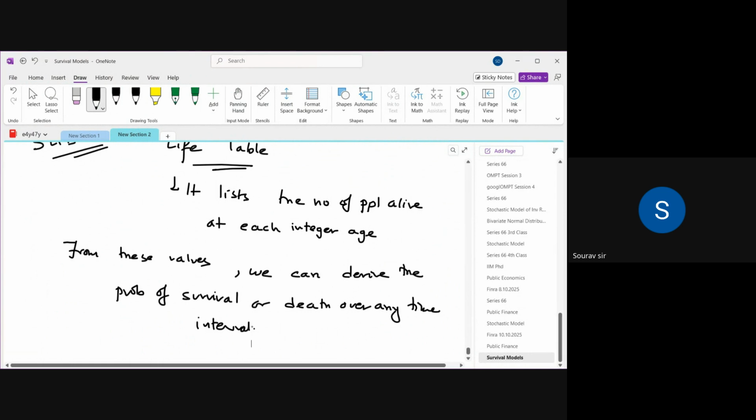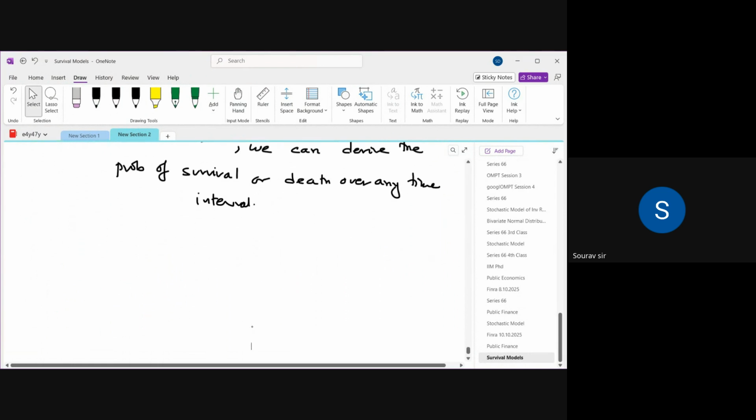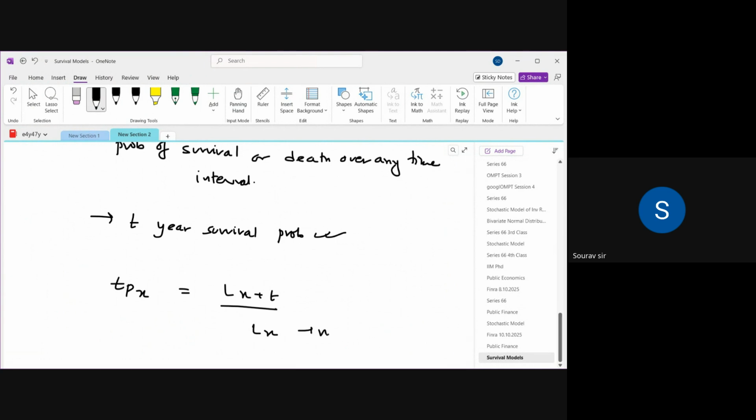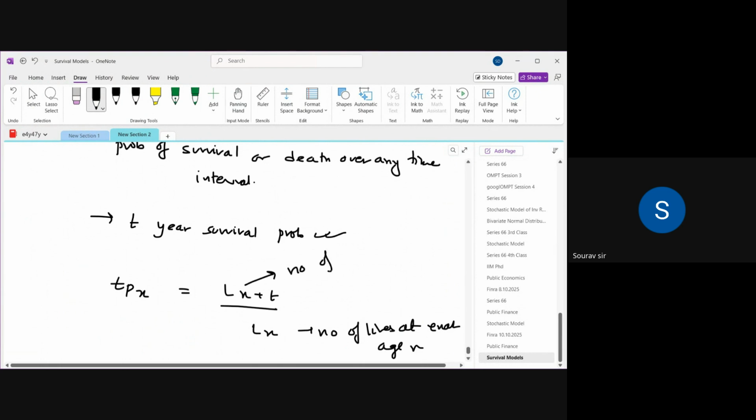So the t-year survival probability: tPx is equal to L(x+t) by L(x). Here L(x) is the number of lives at exact age x, and L(x+t) is the number of lives at exact age x plus t.